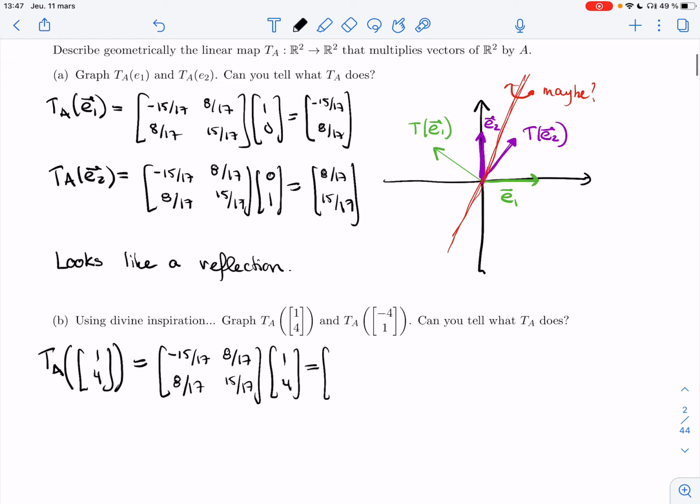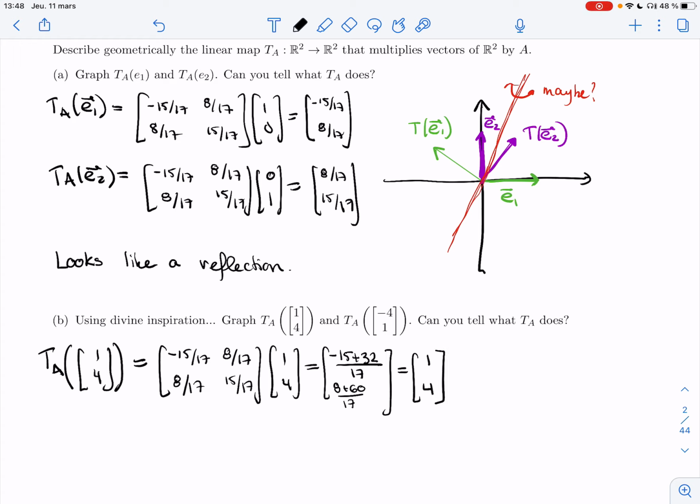So I'm getting minus 15 plus 32 over 17. That's just 1. Then I'm getting 8 plus 60 over 17. That's 4.